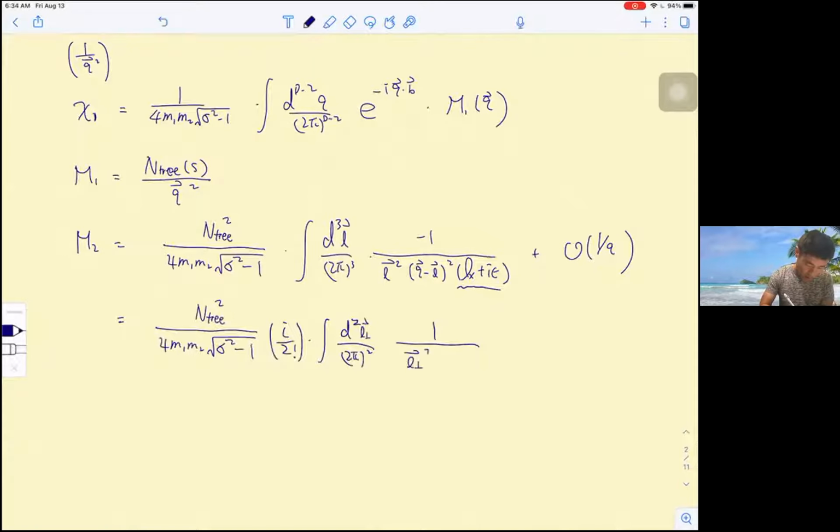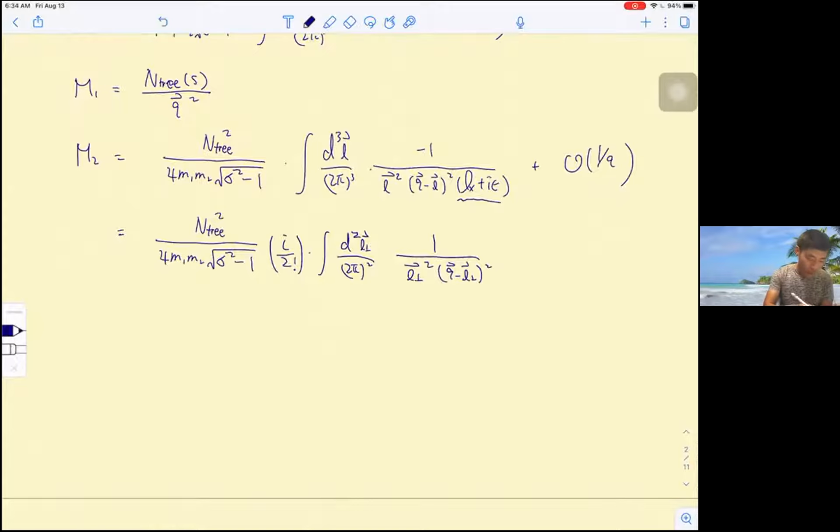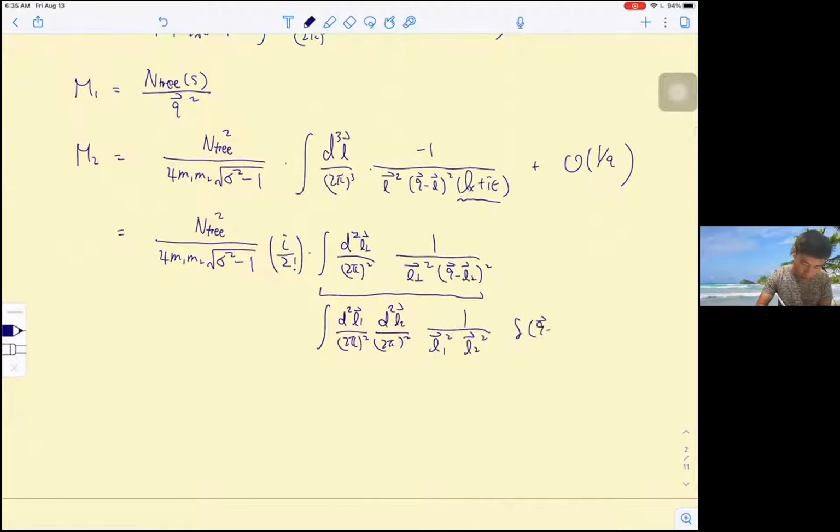for L transverse squared, (Q minus L) transverse squared. So to make this more suggestive, let me write this as d²L1 d²L2, 1 over L1 squared L2 squared, delta(Q minus L1 minus L2).